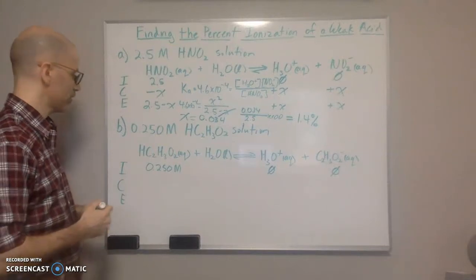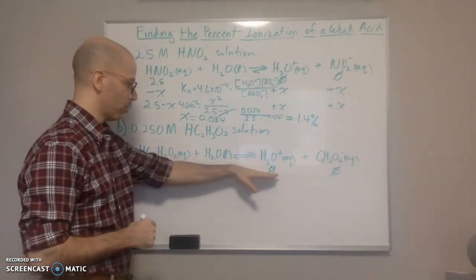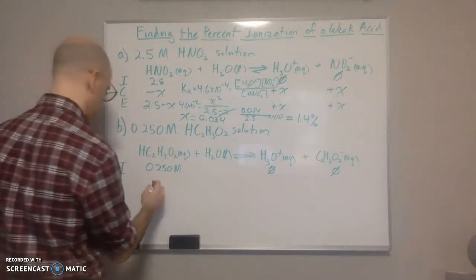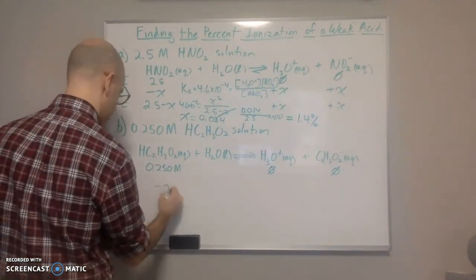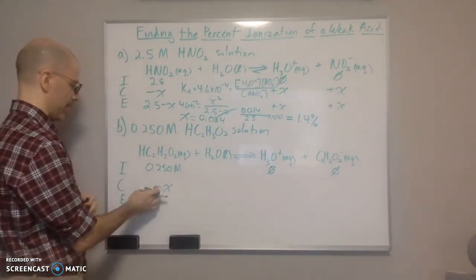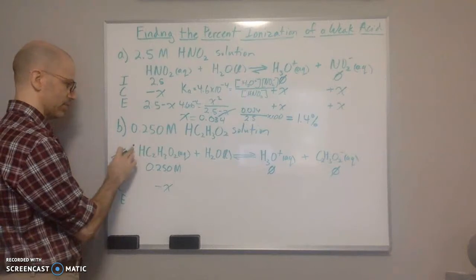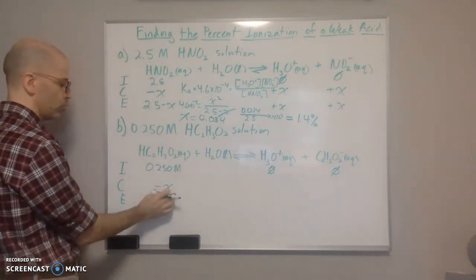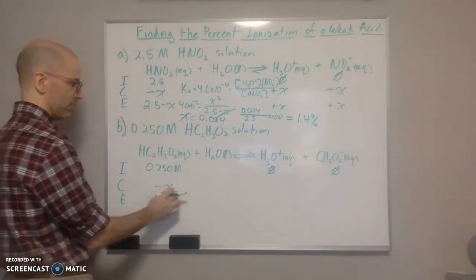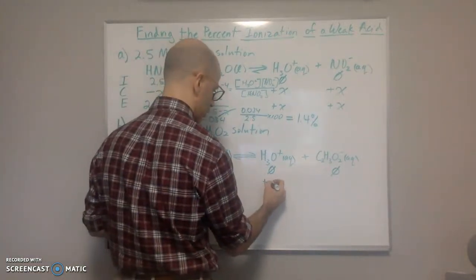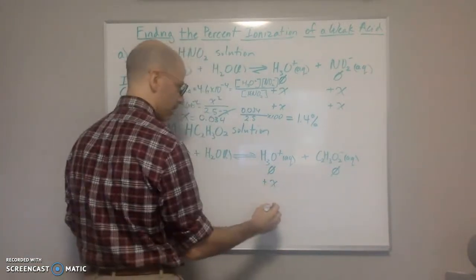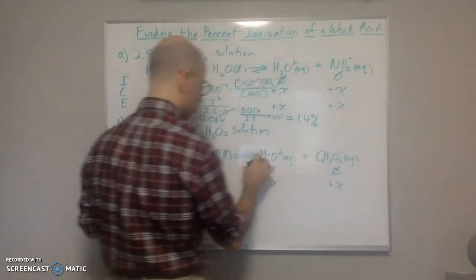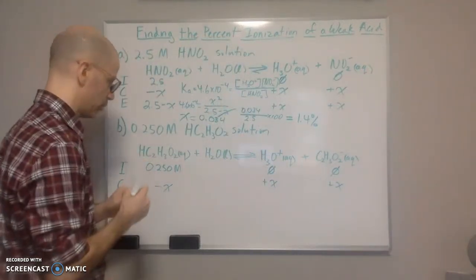So what about the change? Again, since we have no product, the shift is going to go in this direction. So we're going to lose some of our acid by a certain amount, x, and it's 1x because everything is a coefficient of 1. So if we're going to lose 1x here, then we're going to gain x here, and we're going to gain x here because of the 1:1:1 ratio.